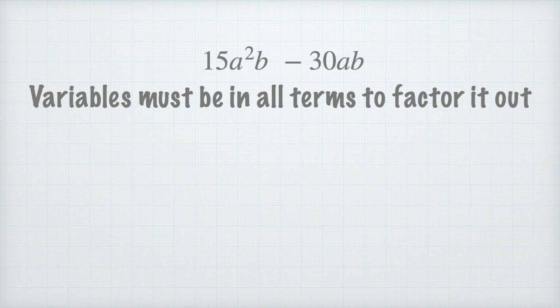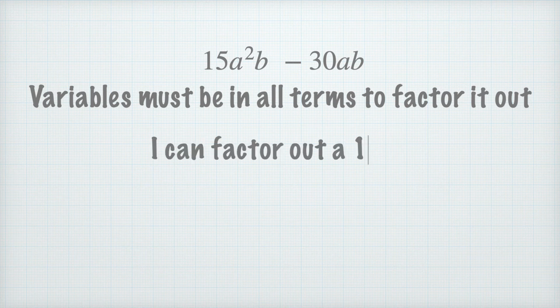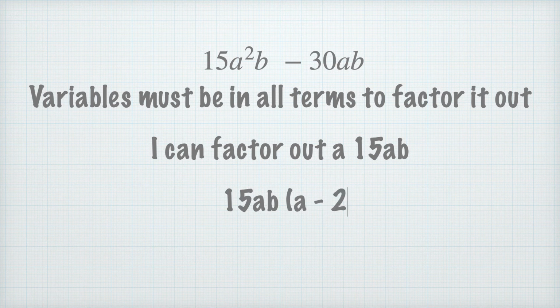Or if it was a trinomial, what could I factor out of all 3 terms? Now I can factor out 15ab from both terms. 15a squared b divided by 15ab leaves me with just a, and 30ab divided by 15ab leaves me with just 2.